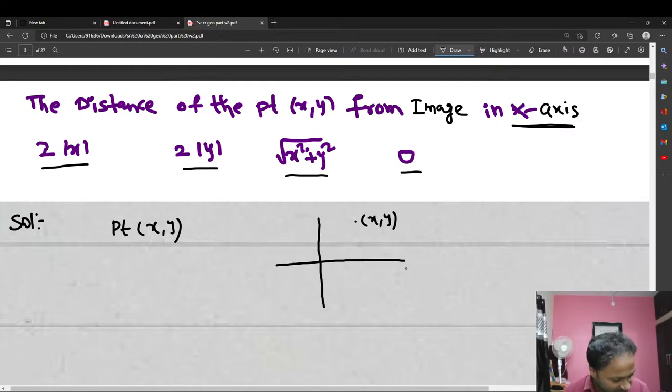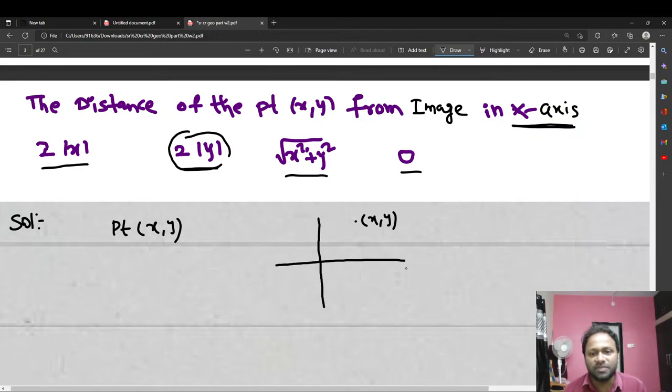Okay. Ashwini says mod y is correct, and Mahalakshmi says option B is correct. B is nothing but 2 into mod y. Okay, and after that somebody says mod y, and Jyoti says 2 mod x. Let us check what the answer will be. I'm going to find out.